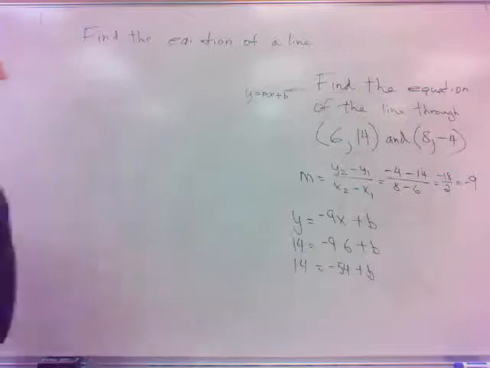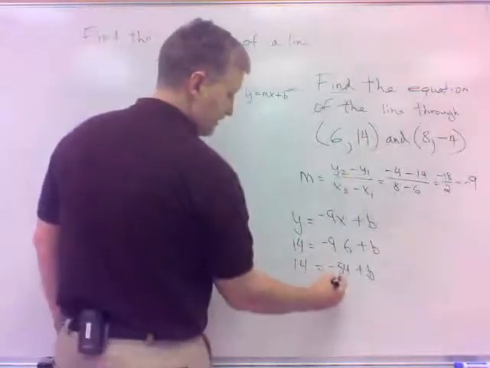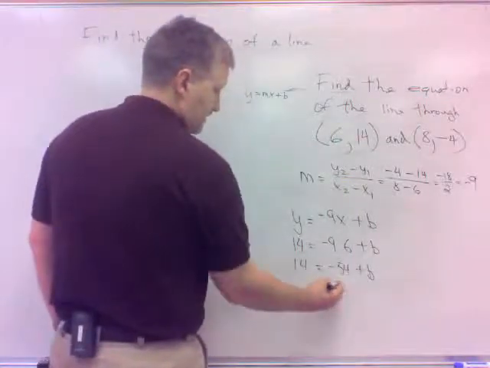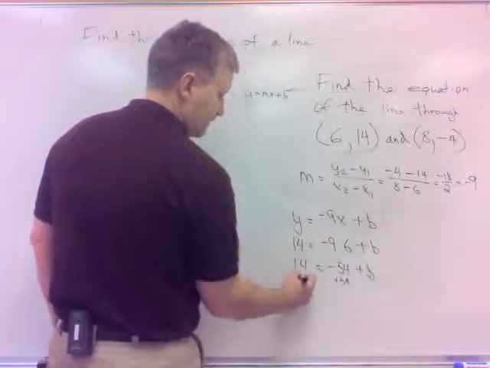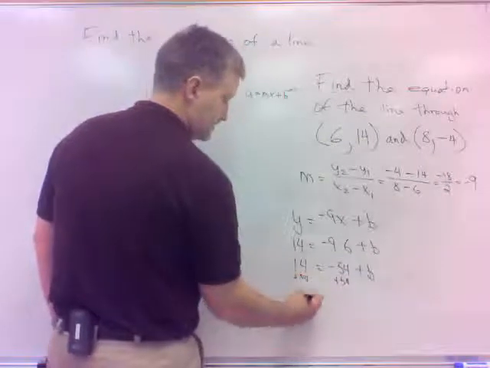So that would get me negative 54 plus b. 14 equals negative 54 plus b, so add the 54, and b looks like it's 68.